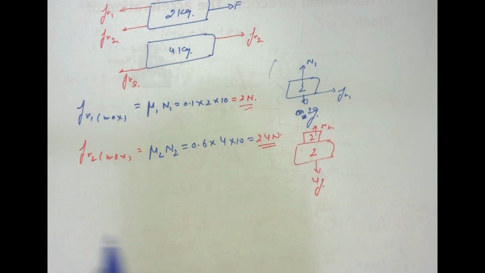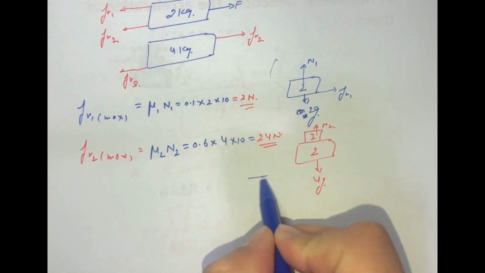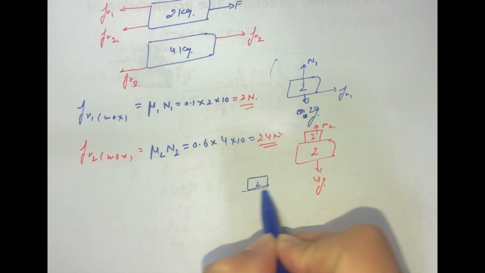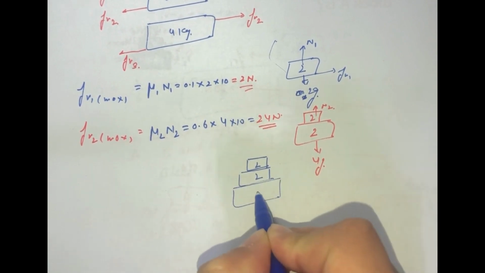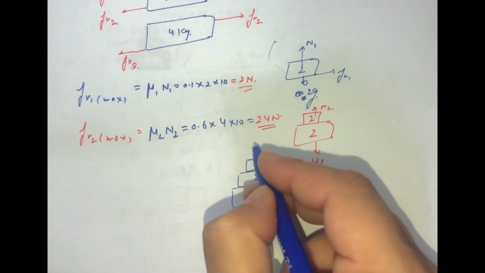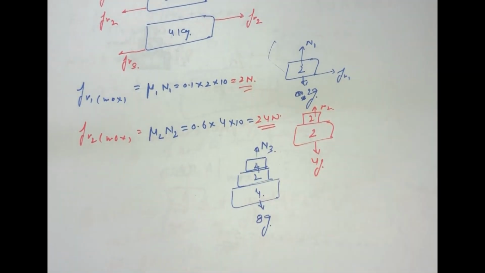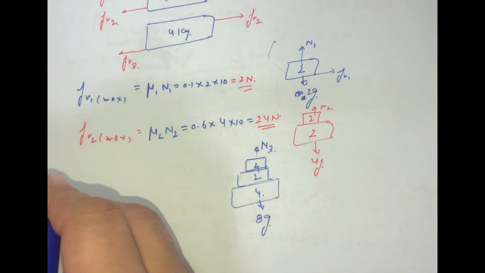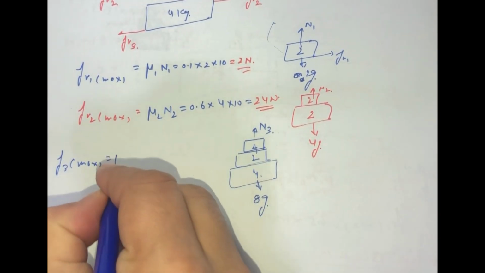And similarly we can find out for the last one. So this will be 2 kg, 2 kg and 4 kg. So in the downward direction there will be a total of 8g, and let us suppose normal is n3. So you can say that our Fr3 max is equal to mu3 into n3.